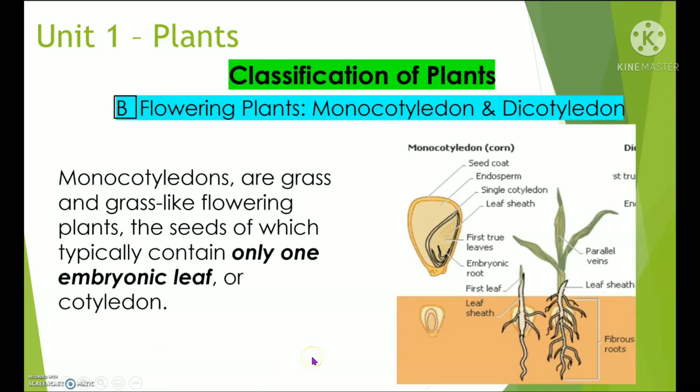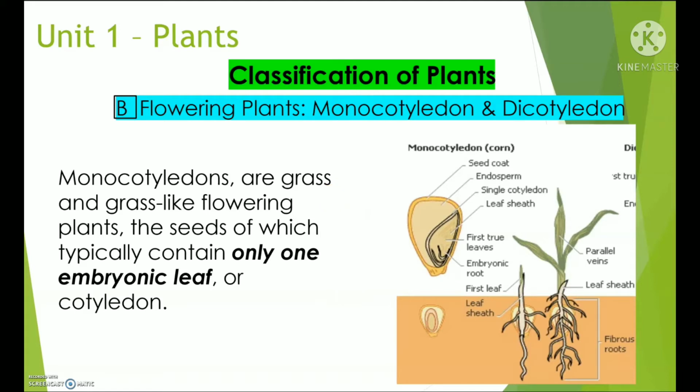Okay, the first type that we were going to talk about is the monocotyledons. Everybody repeat after me. Monocotyledons. Very good. Now let's continue the paragraph. Repeat after me.